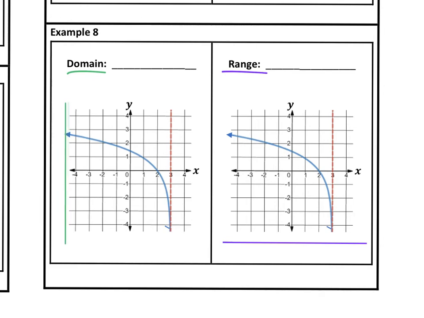So domain is scanning from left to right. Okay. So as I start on my left side, I see an arrow. So the arrow tells me that I'm going to be starting at negative infinity, because it goes towards negative infinity. There's an arrow there. And then keep scanning, and I keep hitting the graph.